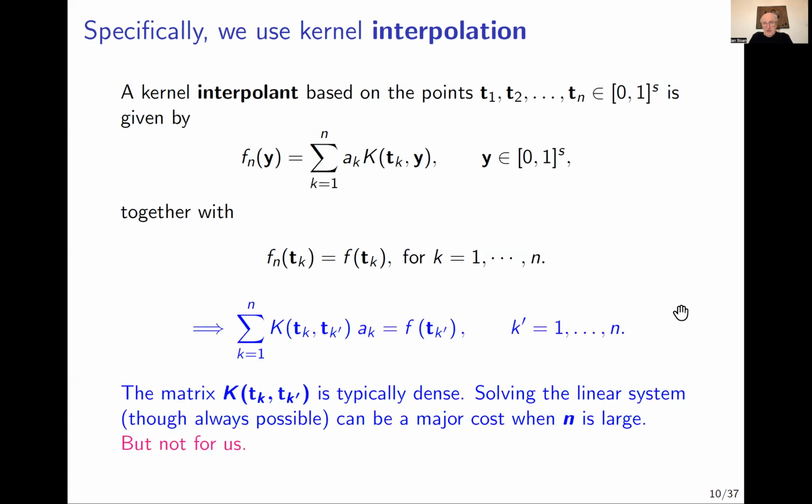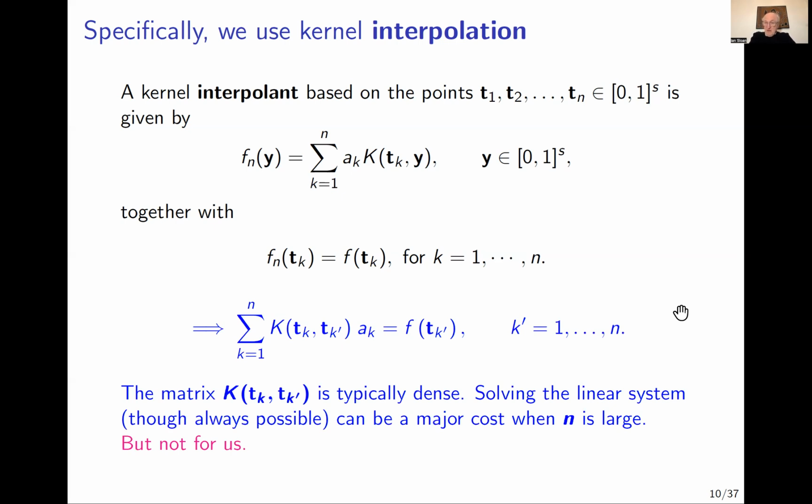So we have an interpolatory approximation, and that of course leads us to a linear system for the coefficients a_k, in which the matrix K(t_k, t_k') is a symmetric positive definite matrix, because it's a kernel.